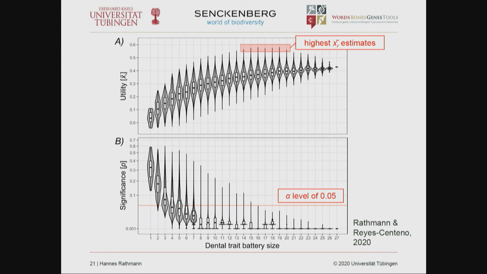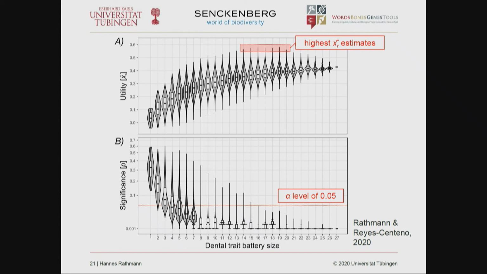At the same time, increasing the number of traits reduces the variance of utility estimates. Nevertheless, the highest utility estimates were achieved by using a rather limited number of traits ranging from 14 to 20 traits as indicated by the red box, and not by using the full 27 trait battery.